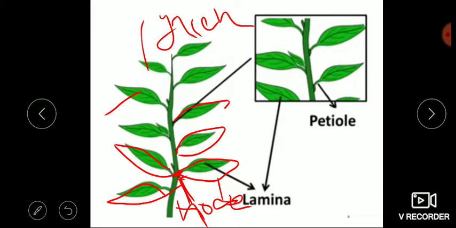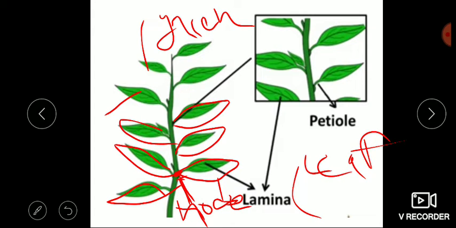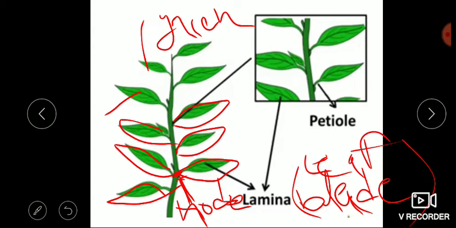It's also called leaf blade. And the leaf arises from the node.